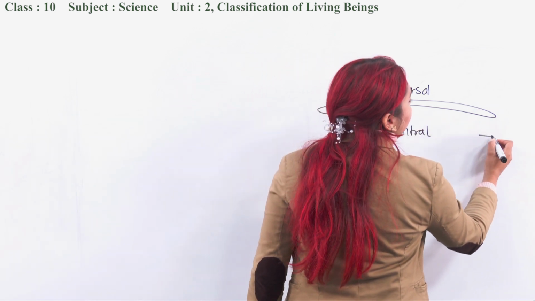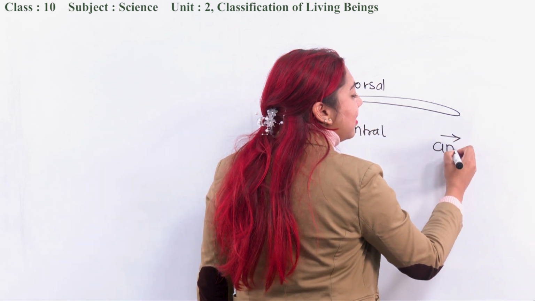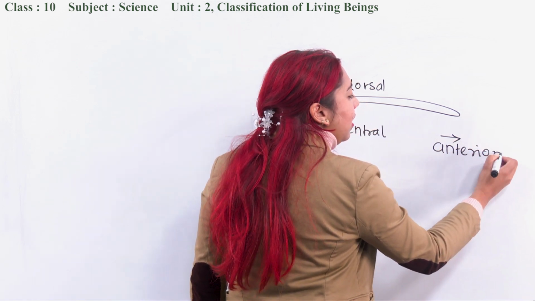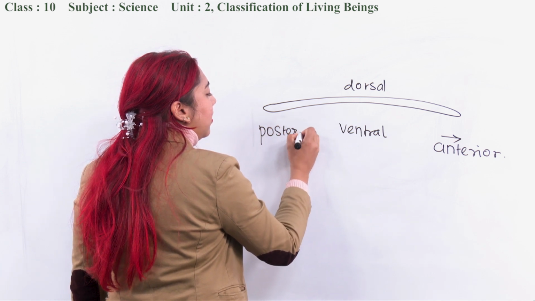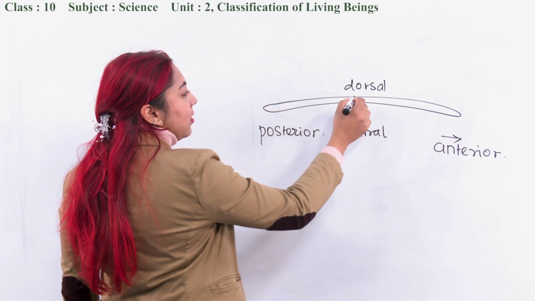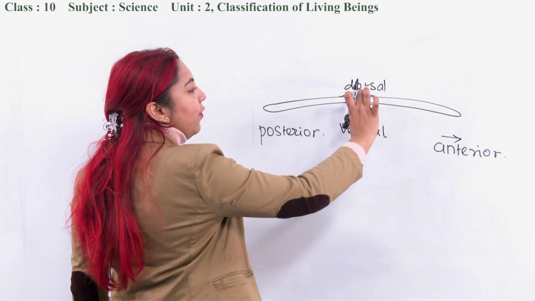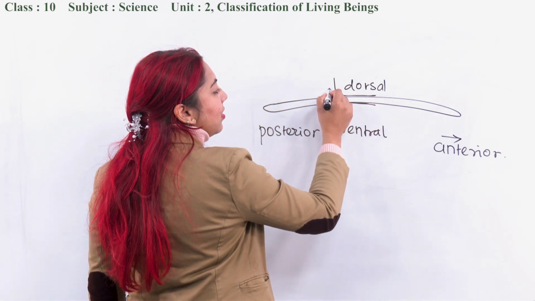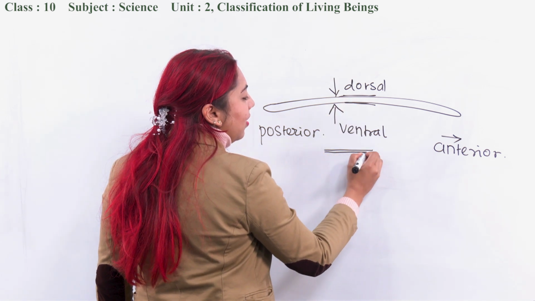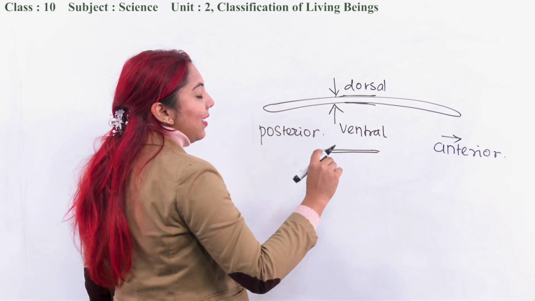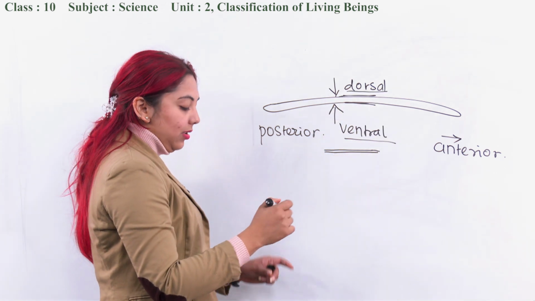The position of the head is the anterior side and the position of the legs or the tail is the posterior side. So this is the dorsal side, this is the ventral side. Now the organisms are dorso-ventrally flattened. So it is flat from this side, giving us this thin flat structure. So that's why these organisms are called dorso-ventrally flattened.